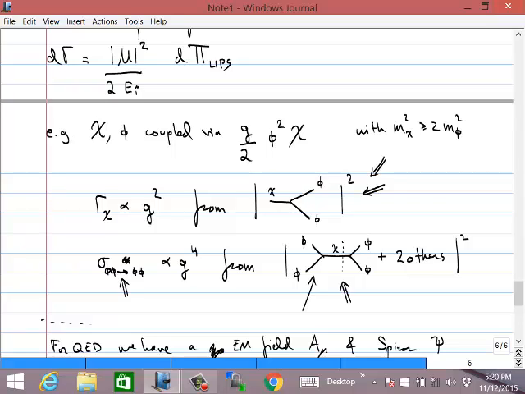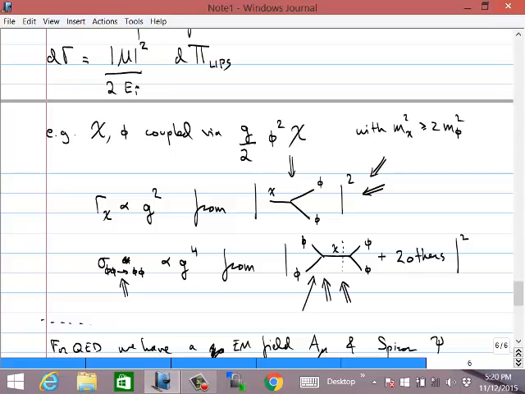There are relationships between this kind of Feynman diagram and this kind of Feynman diagram. There's a famous theorem in quantum field theory that allows you to relate different Feynman diagrams of these sorts, called the optical theorem, which is probably not something that we'll go into.